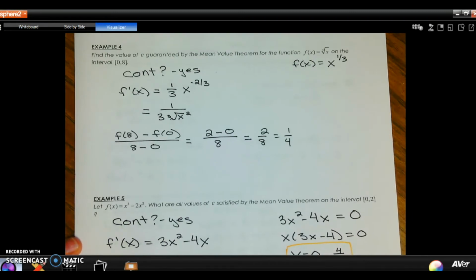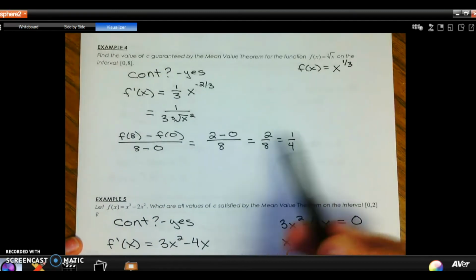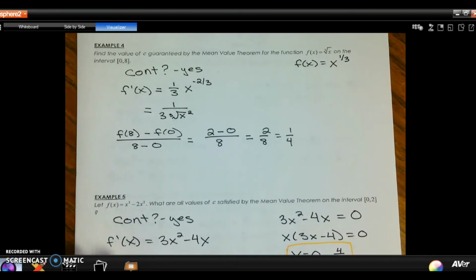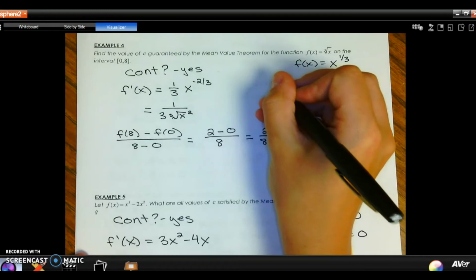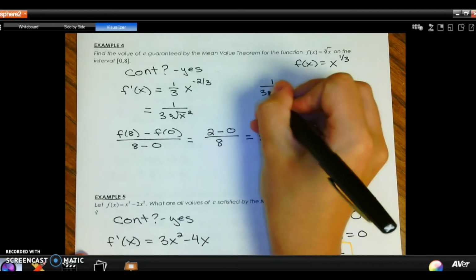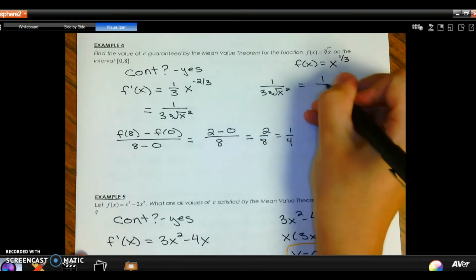What the mean value theorem says is that somewhere in this interval, 0 to 8, the derivative equals the average rate of change. And we want to know at what x value that occurs. So we're going to take this and set it equal to that. You can just say 1/3 cube root of x squared equals 1/4.